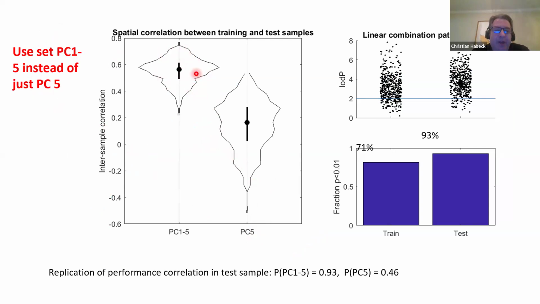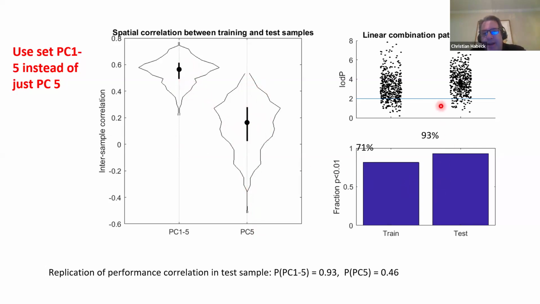The correlation between the training and the test set pattern is much higher, whereas before with PC5, you saw not much similarity, and the violin plots over these 100 split samples look very broad. But taking those first 5 together protects us somewhat because now sampling variability isn't so important.